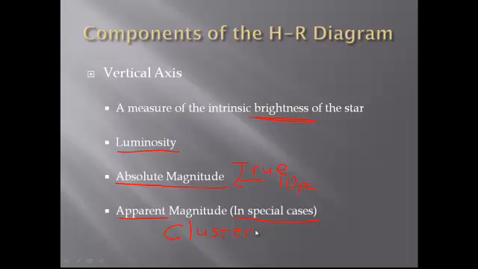Now, let's look at what we can do with an HR diagram here. If we draw our little graph, we plot on the x-axis, just to give you a little bit of an idea here, temperature, and again, it increases moving towards the left-hand side.